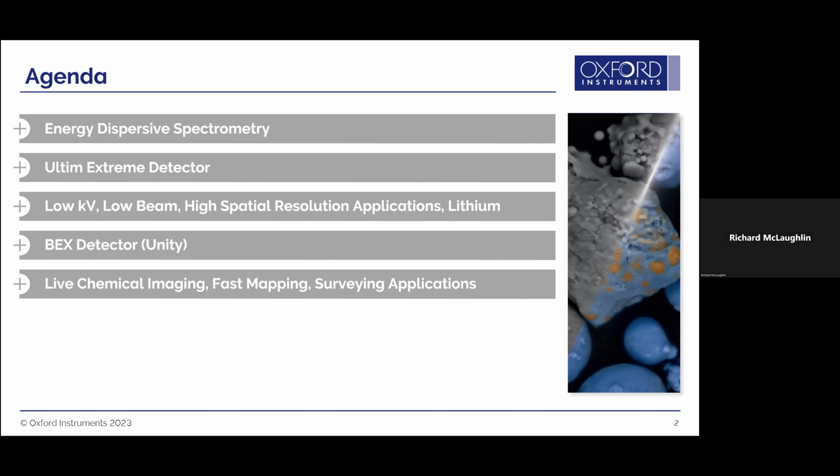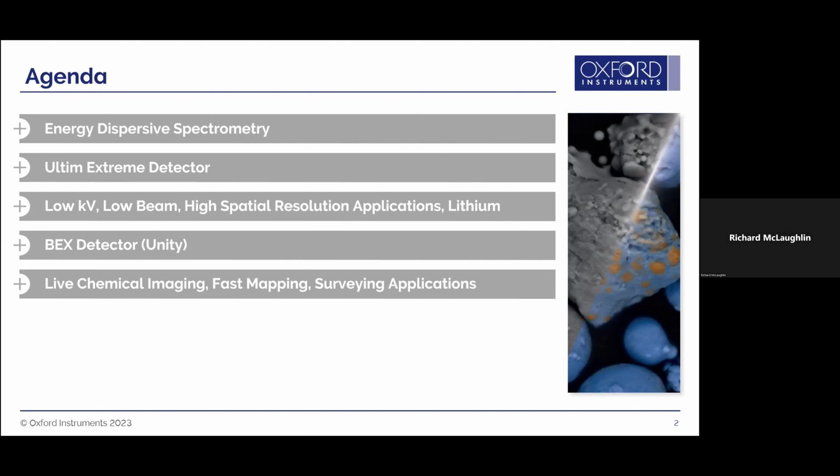After that, I'll talk about what we call a BEX detector, and I have the term Unity in brackets. It might get a little confusing because I might switch back and forth between BEX detector and Unity. BEX detector is the actual detector itself, and Unity is the concept in which the BEX detector fits. That is, the BEX detector is not used alone. It's used with a standard detector, and that's where the concept of Unity comes in.